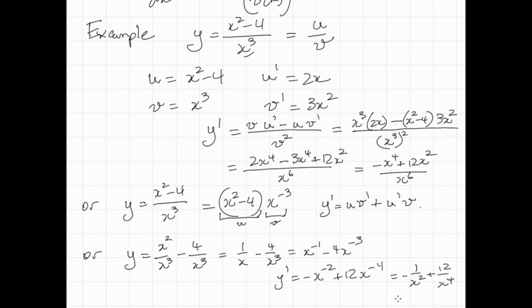Now you'd need to have some solid algebraic fraction work here, and you'll find if you combine those two together you'll get the answer that we've got up there. So, the quotient rule, which is what it was all about, just showing you that you can usually convert a quotient into a product and use the product rule, or if you can simplify it first, it certainly makes it, well, it may not make it easier for you if you're not really good with algebraic fractions, but anyway, in this case there's another way as well.